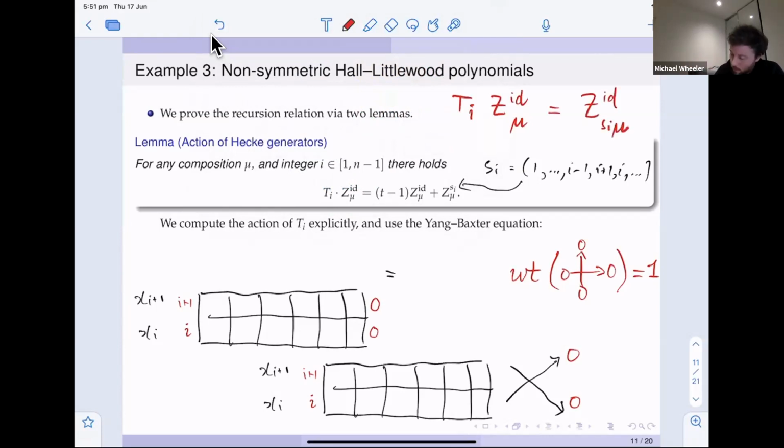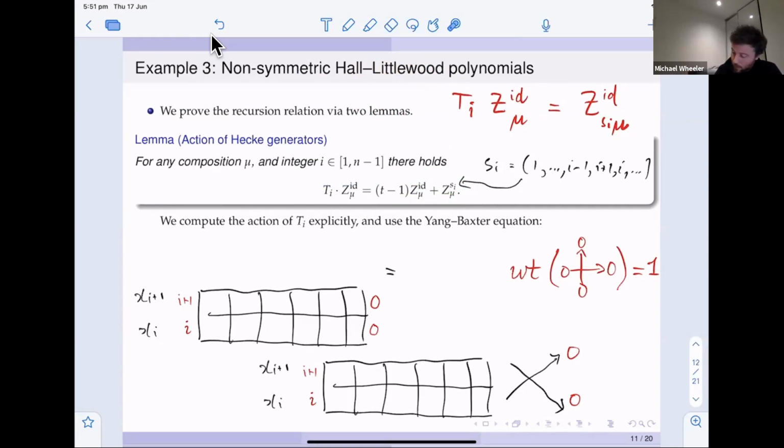So we want the permutation to actually happen here, and at the moment we don't have that. We have the permutation happening up here. And besides, we already have a sum of two terms here. So we haven't really proved this yet. Okay, so that's why we need the second lemma.